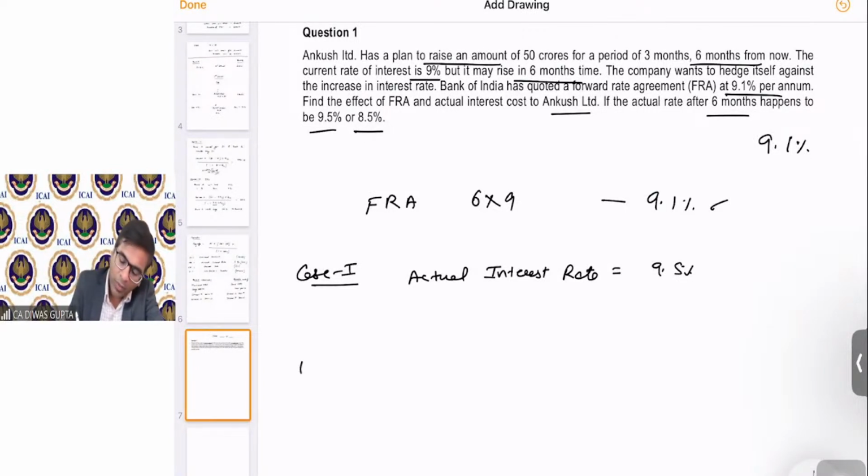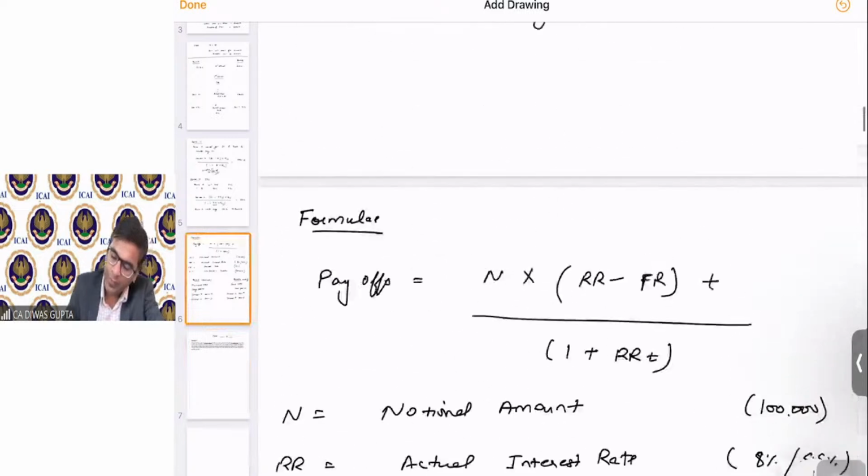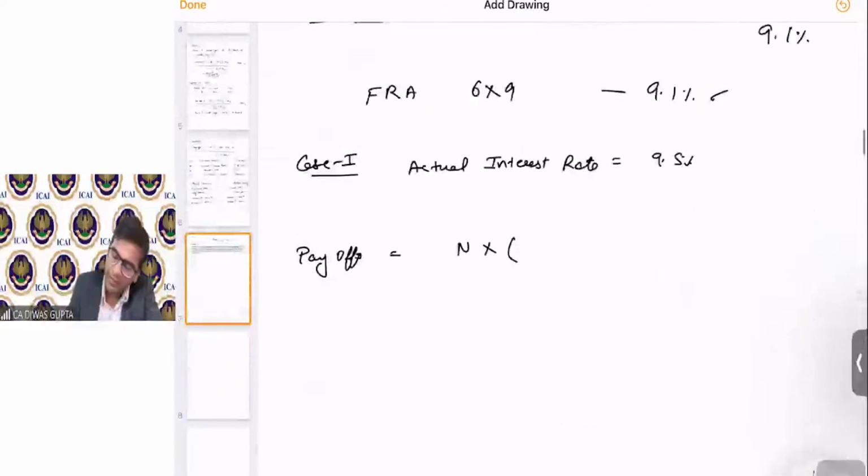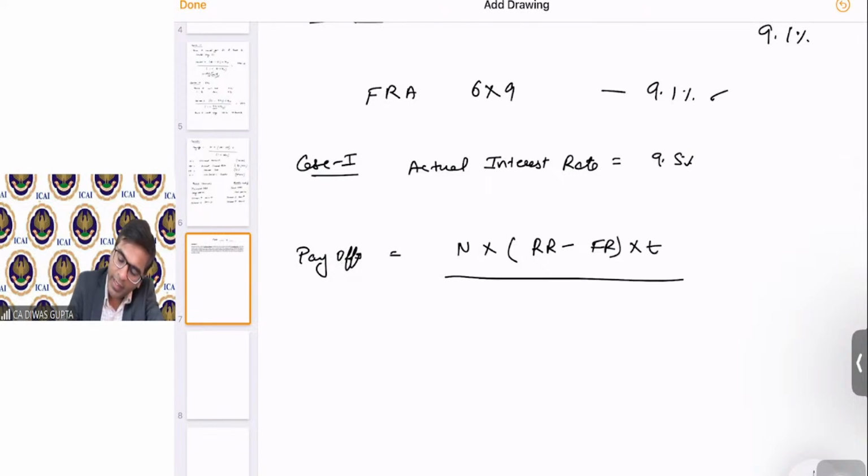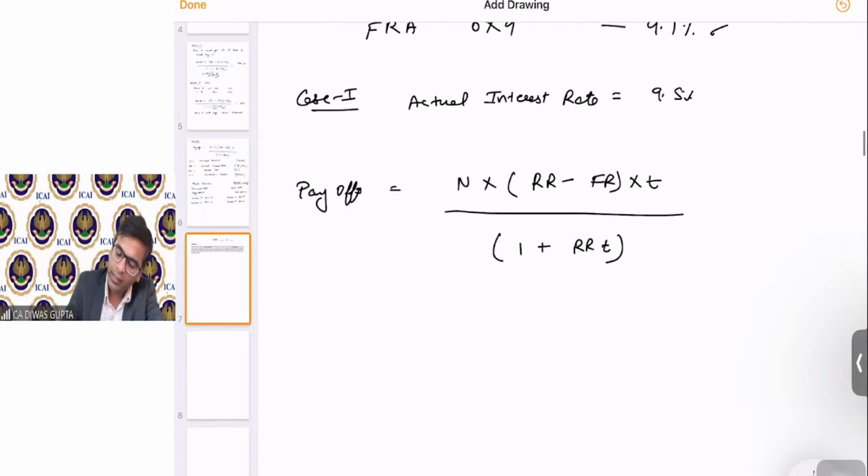For calculating the amount of gain, we will write our payoff formula. Notional amount into RR minus FR, which is the actual rate minus forward rate, multiplied by T divided by 1 plus RR into T. Correct?